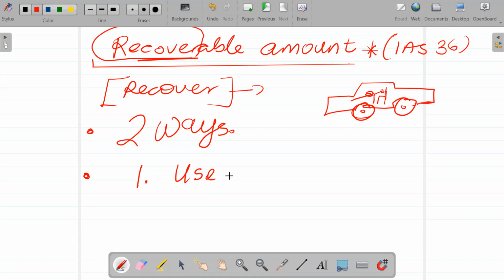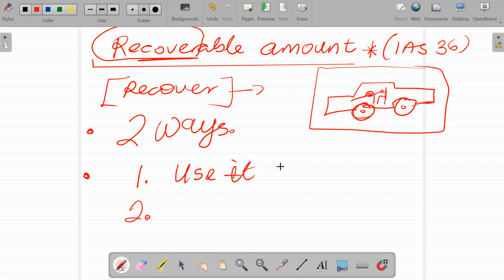That's the benefit you are getting. So you can use it to get the benefit out of the asset. So what else can you also do to get the benefit out of this car? By selling it, to generate income.